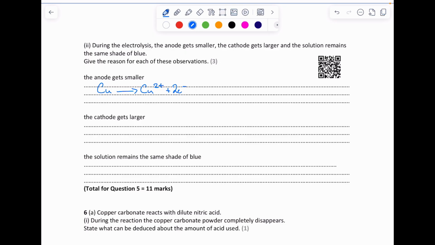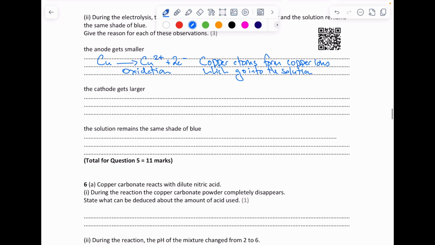So we would say here that the anode gets smaller because copper atoms form copper ions which go into the solution. And because this copper atom is losing electrons, this is also an example of an oxidation reaction.